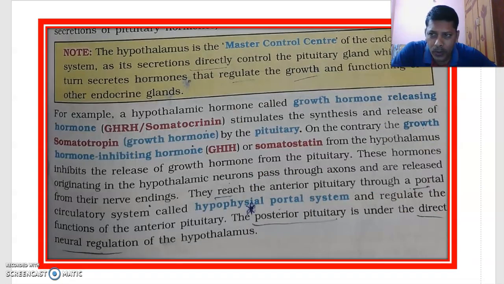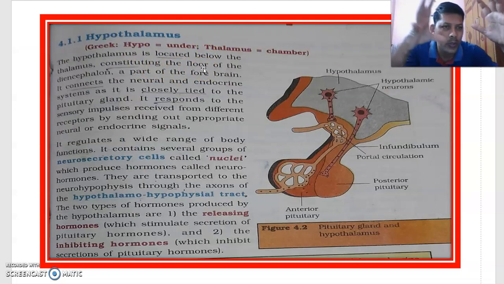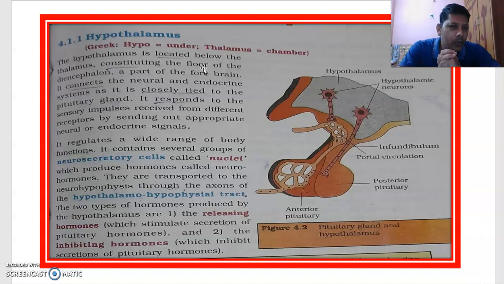Hypothalamus constitutes the floor of the diencephalon. Diencephalon is one room. In that room, there is a roof, there is a floor, and there are walls. The roof is epithalamus. The walls are thalamus. The floor is hypo, below it.